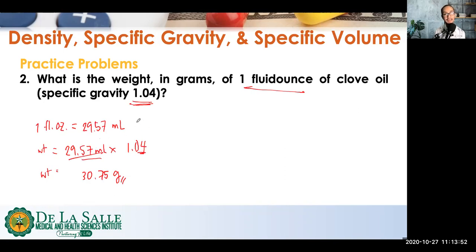Because we know that for any substance, let's say our clove oil has a volume of 29.57 milliliters, that can be converted to 29.57 milliliters of water.